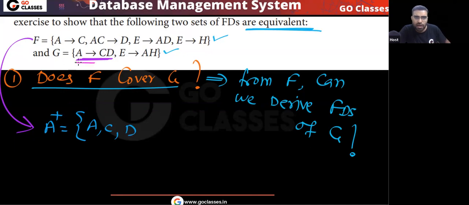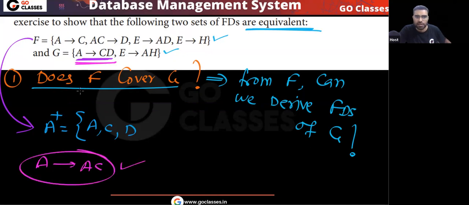I got A determining CD. But anyway, tell me the complete A plus in this F. That will be ACD. That's it. So now you can see, yes, this can be inferred. What about the second one? Please tell me.